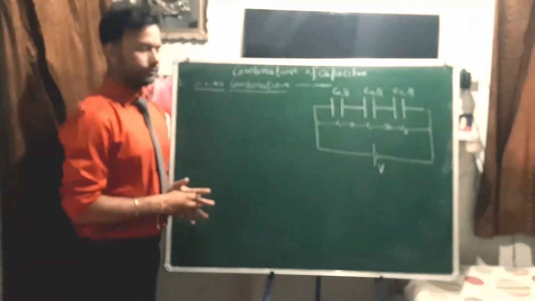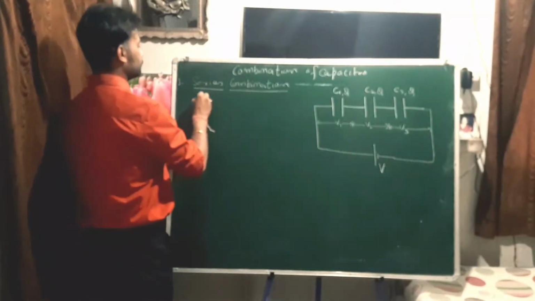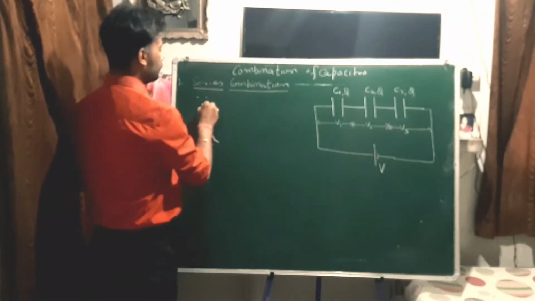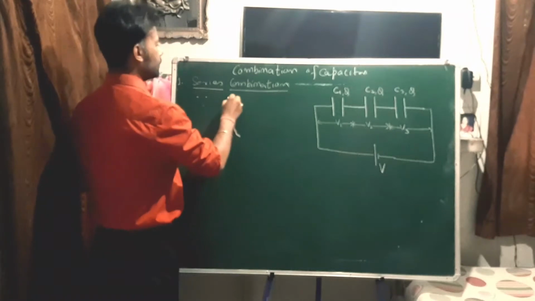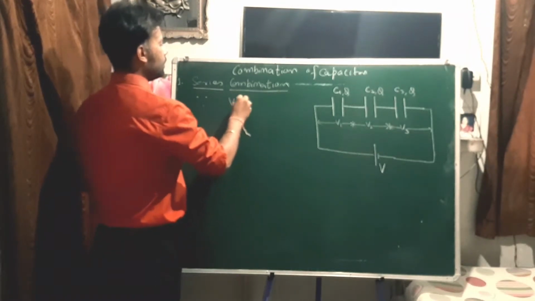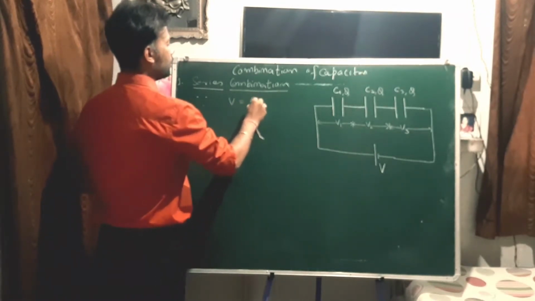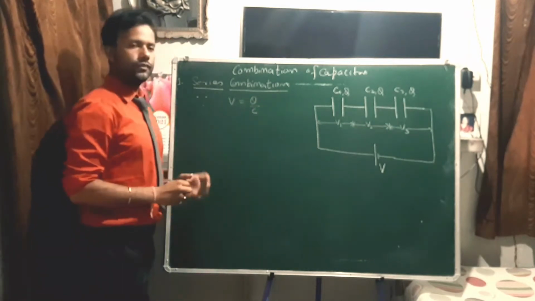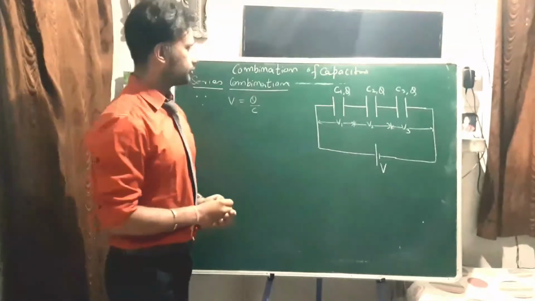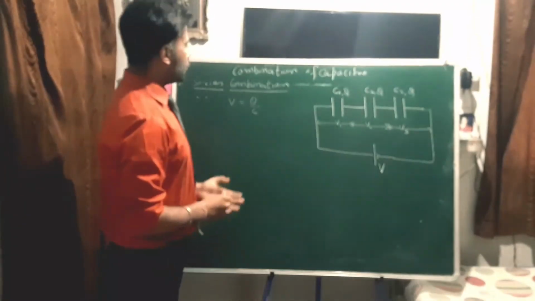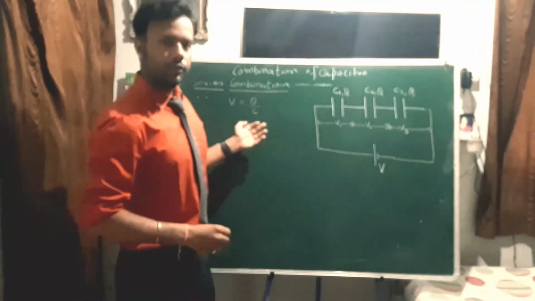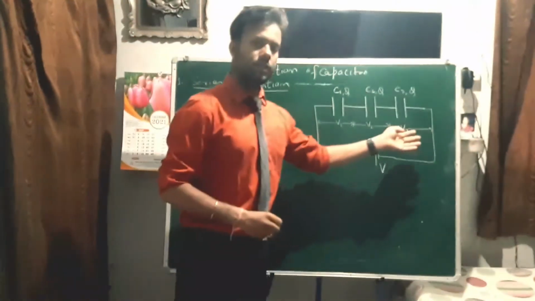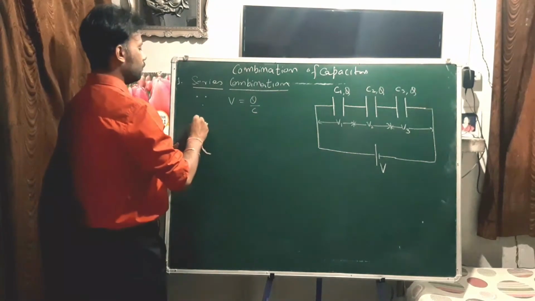Now, from the formula, we know that V is equal to Q by C. This is the formula. From this formula we can find the potential difference across each capacitor. So what will be V1?